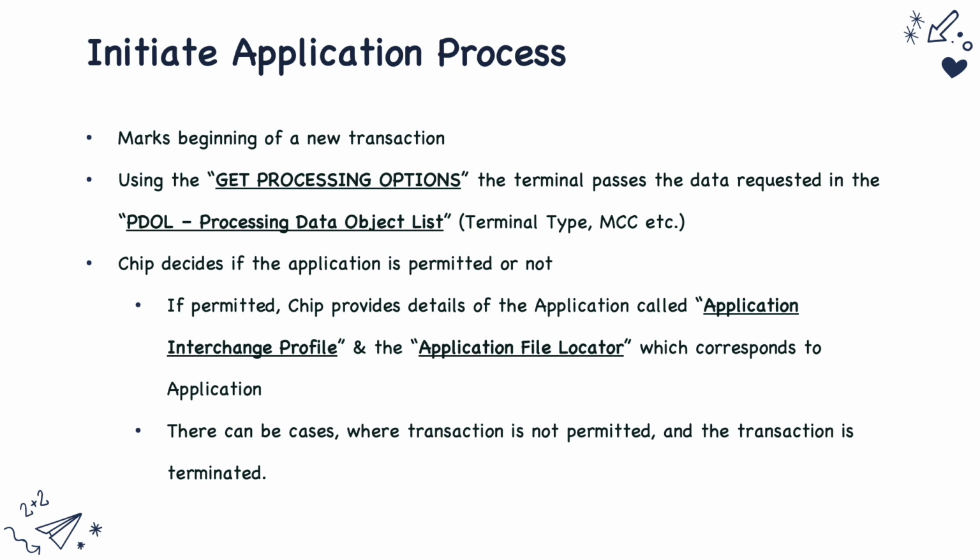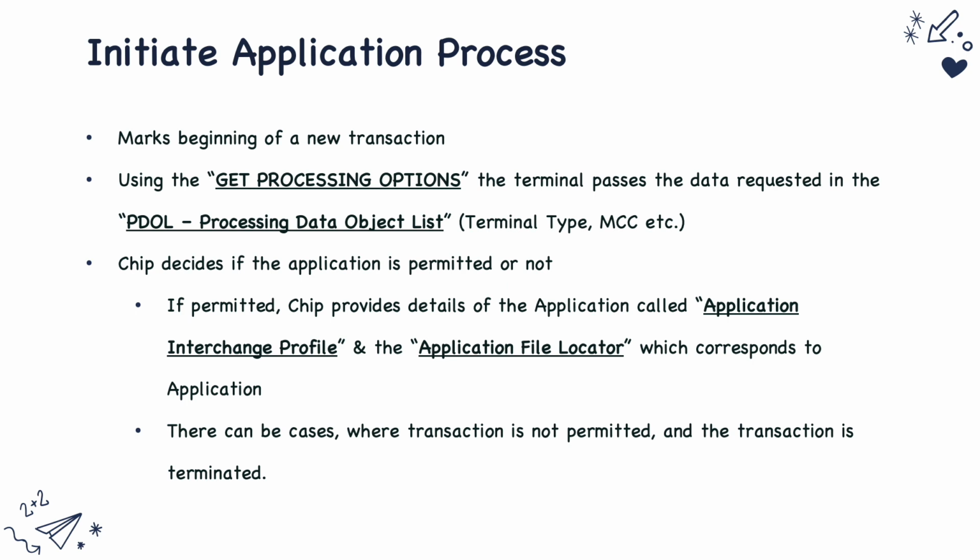As a part of this step, the terminal passes certain data elements that are requested by the chip. So why does the chip require data from the terminal? This is because the chip needs to decide if it has to proceed with the transaction on that particular terminal. The data elements that are required by the chip from the terminal are called PDOL, the processing data object list.